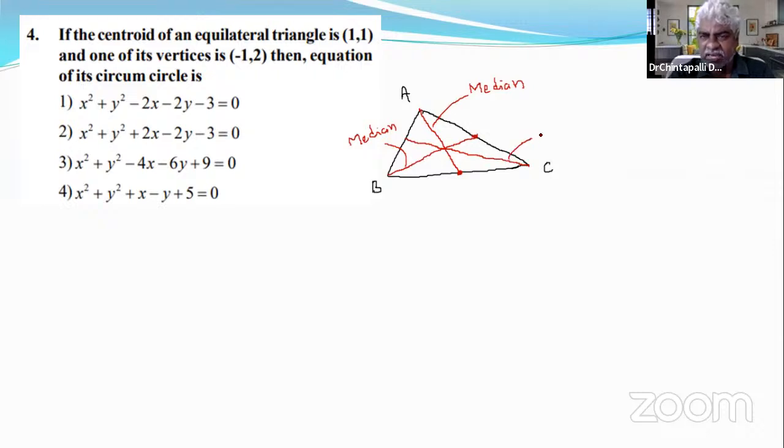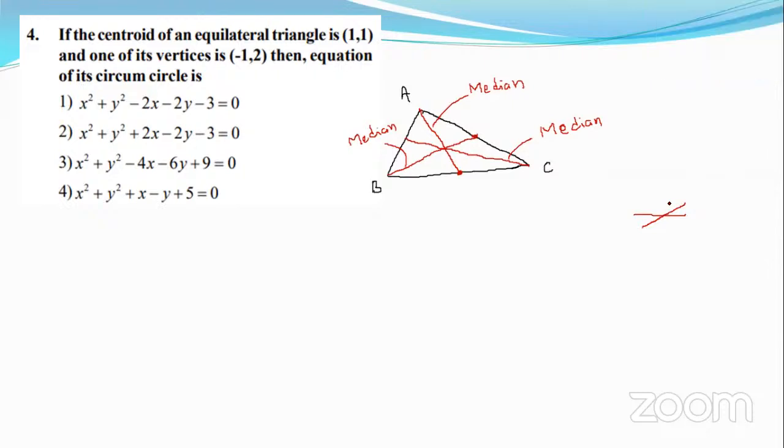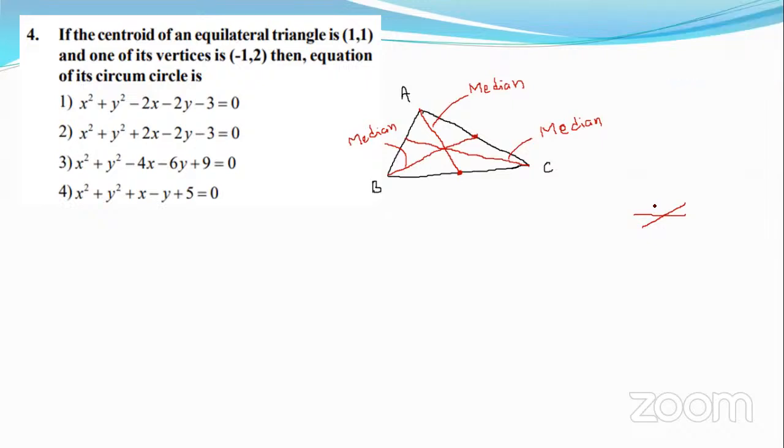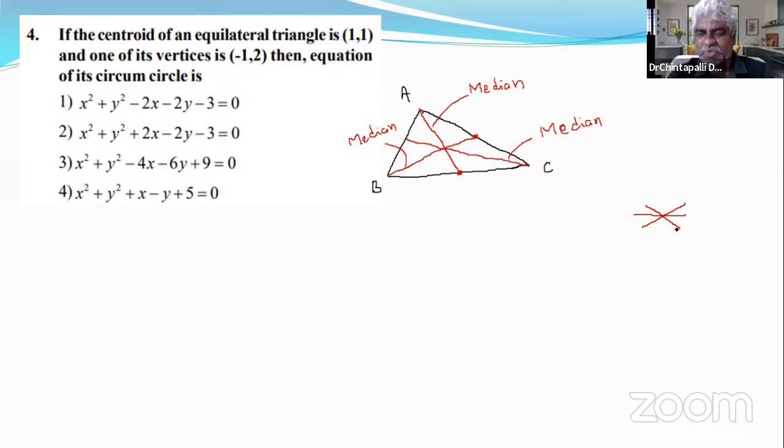Do you know what concurrency is? Concurrency means passing through the same point, having the same point of intersection. These two lines are called intersecting lines. If two lines have a common point, then those two lines are called intersecting lines. If more than two lines have a common point, then those lines are called concurrent lines.